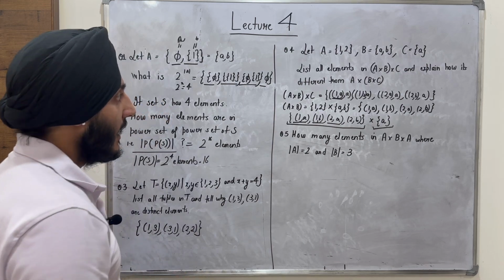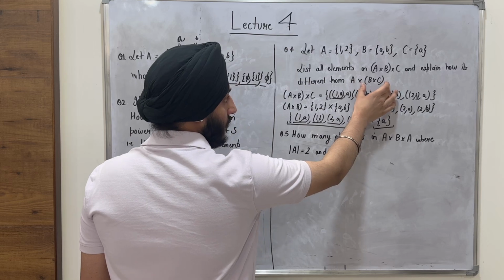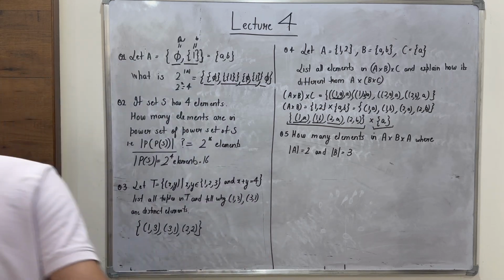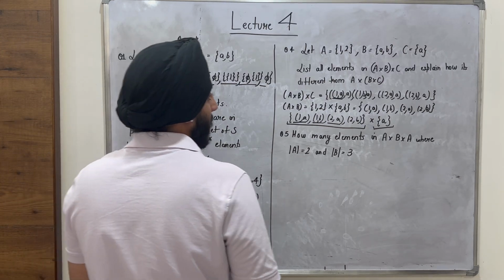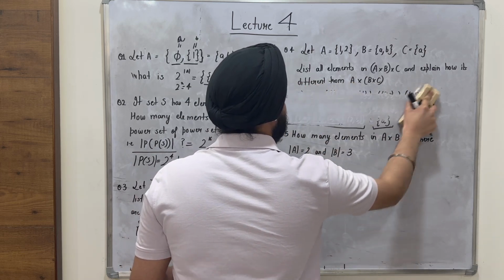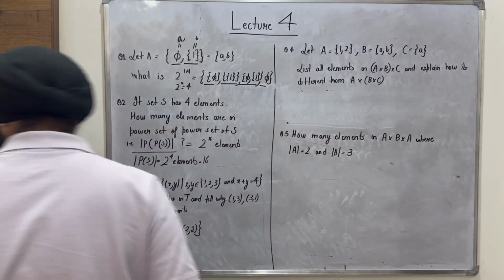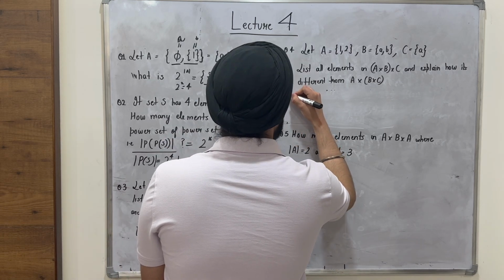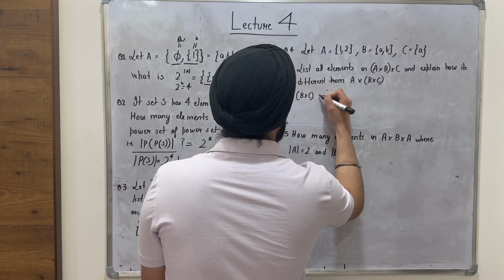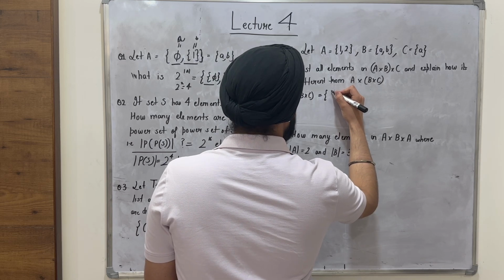Now think about it, right? If I'm supposed to do B cross C first, and then I'm supposed to combine it with A, then the point that will change is that I'll have to form the brackets over here. So I get something like this. In the case where I'm supposed to do B cross C first, it would be something like this.